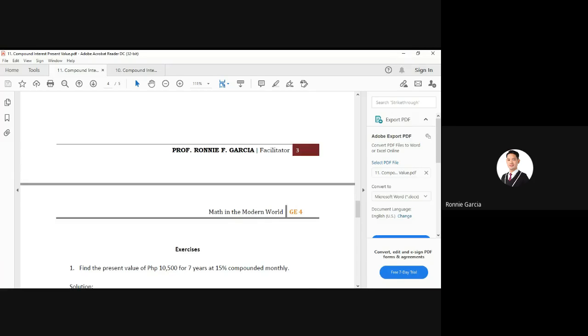Miss Nanka and Miss Tesoro, who else can answer this? You can answer again, Miss Nanka and Miss Tesoro. Find the present value of 10,500 pesos for 7 years at 15% compounded monthly. This one is easier compared to the previous problems because there is no non-terminating decimal here.